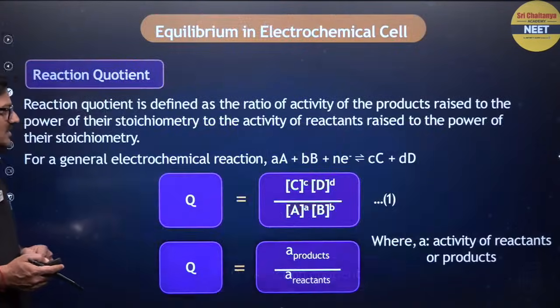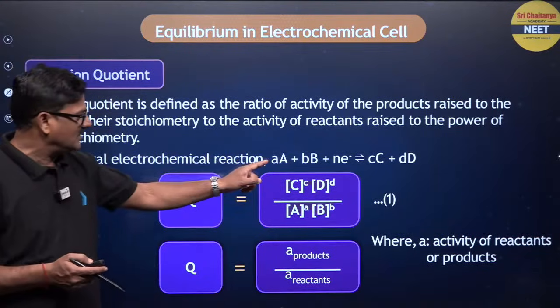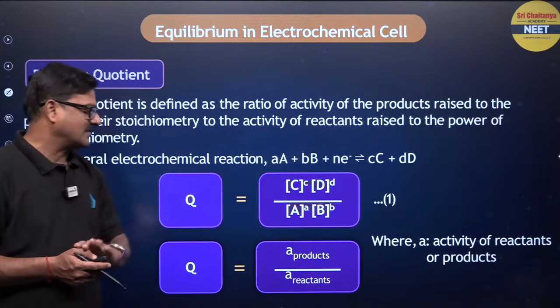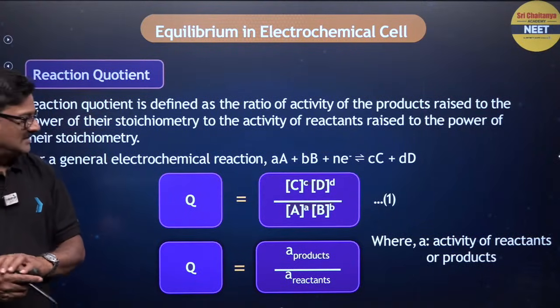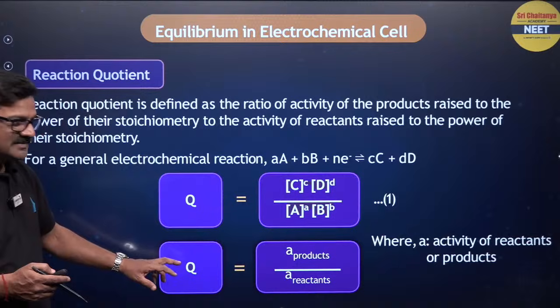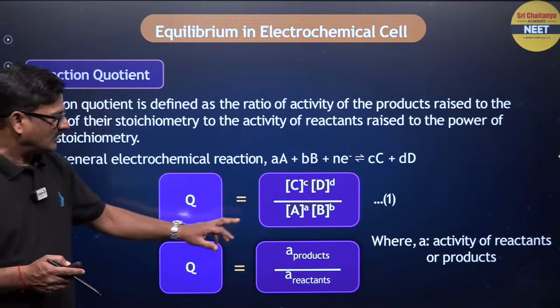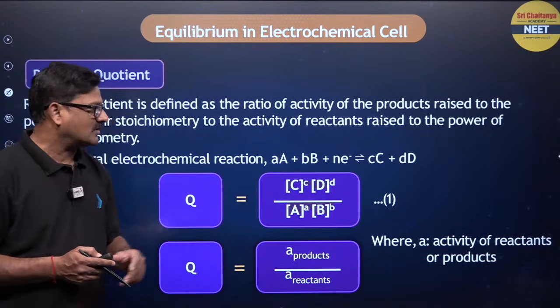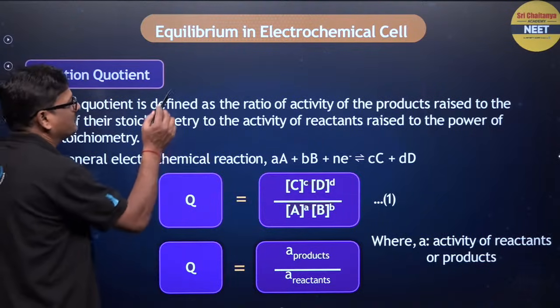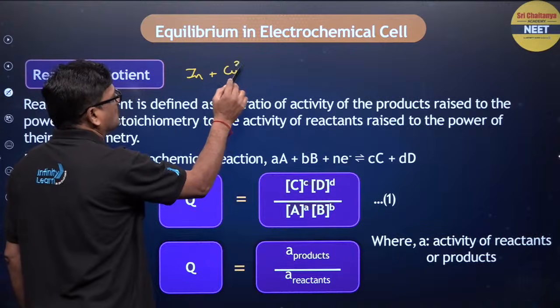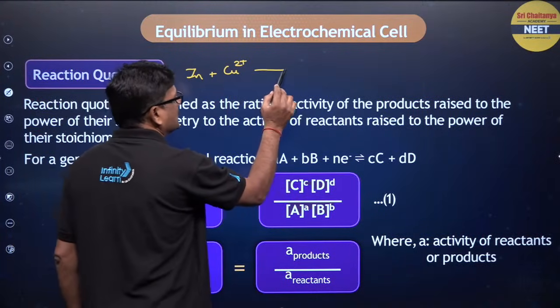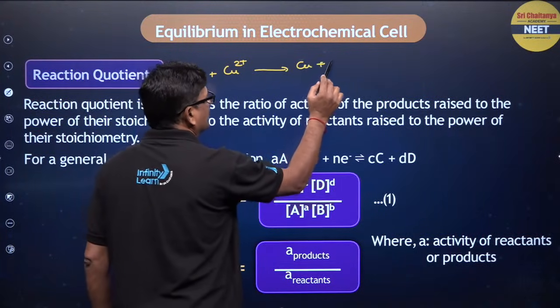And from there, for a reaction, A plus B gives C plus D, right? You can say activity is given as the molar concentrations of the products upon the molar concentrations of the reactants. For example, zinc plus copper 2 plus gives copper plus zinc 2 plus.